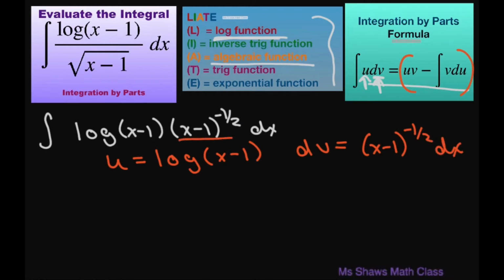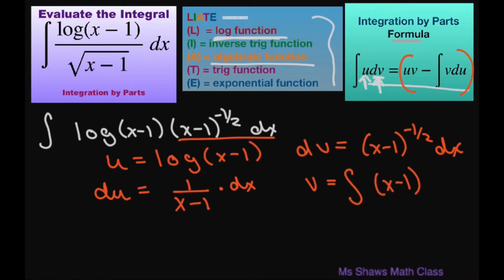So that's the second part here. Therefore, your derivative of u is just going to be 1 divided by x minus 1 times dx, and your v is going to be the integral of x minus 1 to the power of negative 1/2 dx.